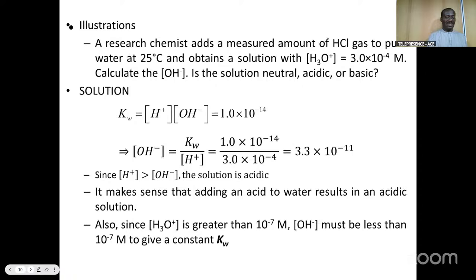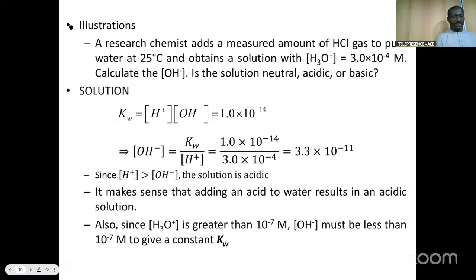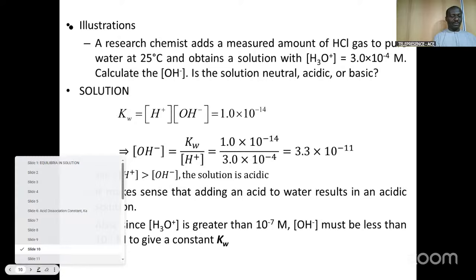All right, let's provide an answer to that. Okay, 3.0 to the power minus 4. So what are we given?